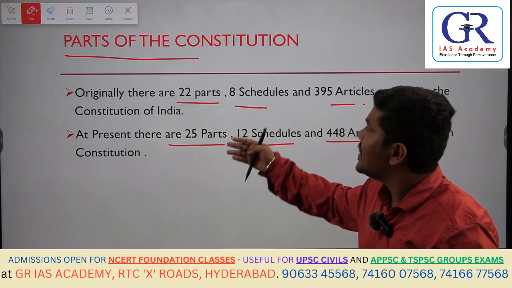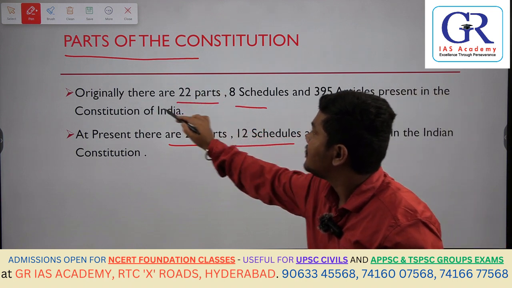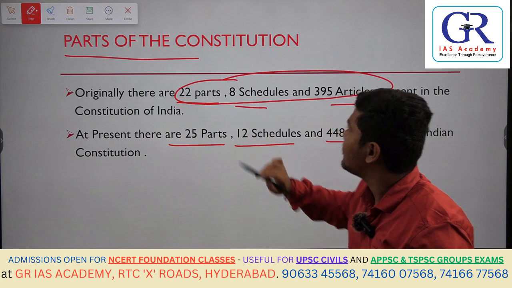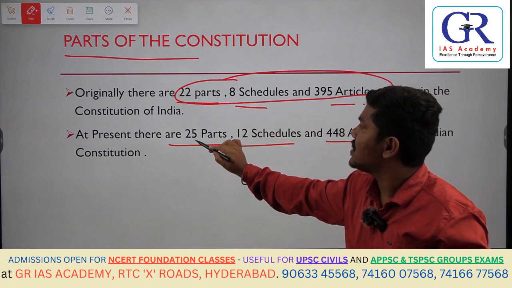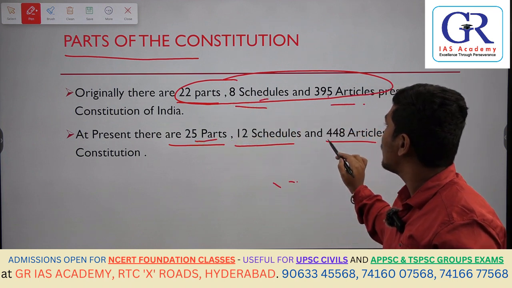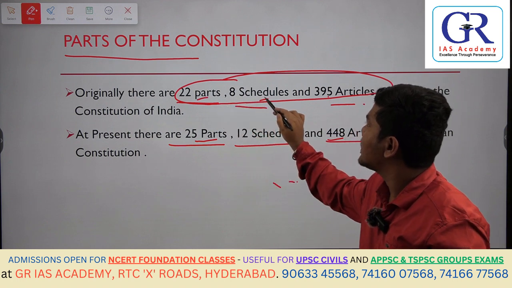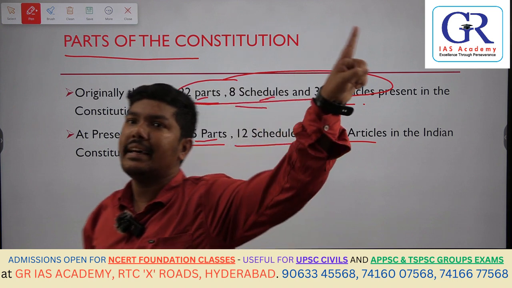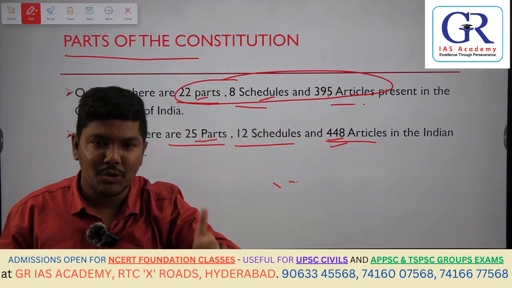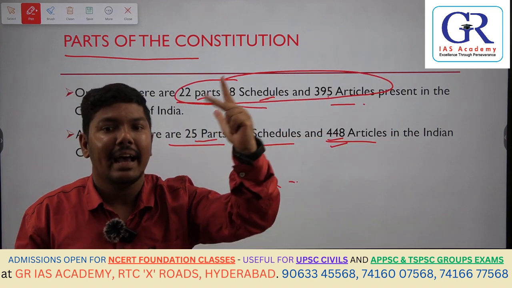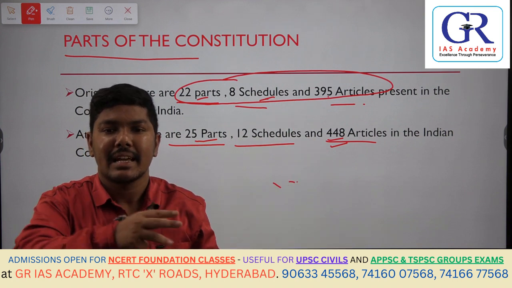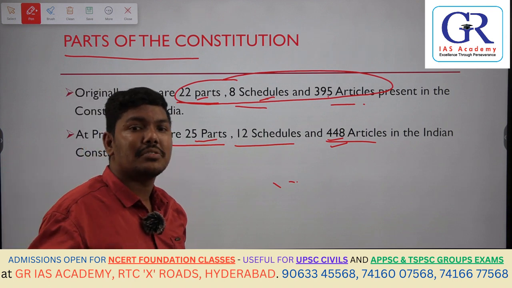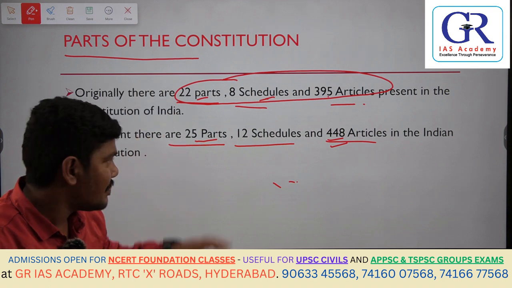There may be chances that they ask what the status of the Constitution of India was in the year 1950. They will give you options in multiple combinations: 12 parts, 8 schedules, 448 articles; 22 parts, 8 schedules, 448 articles. In the year 1950, we have 22 parts, 8 schedules, and 395 articles. But as of 2023, 25 parts, 12 schedules, 448 articles.